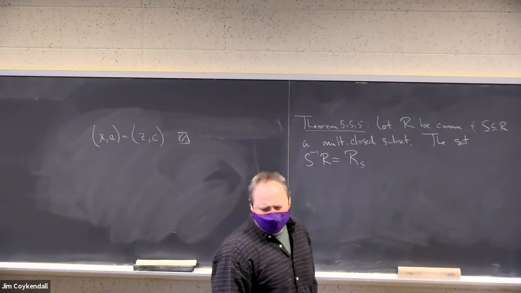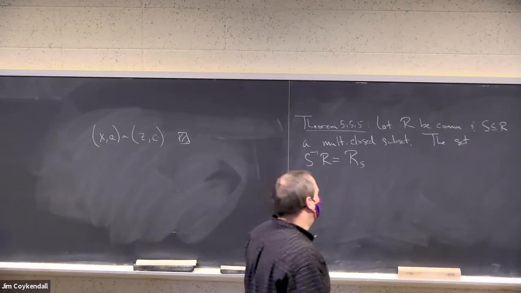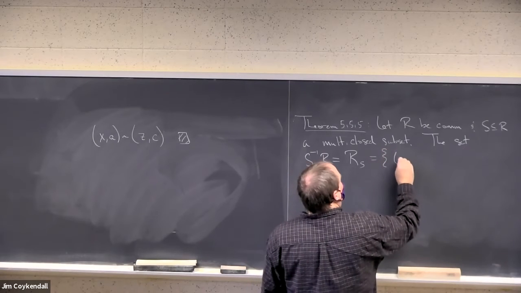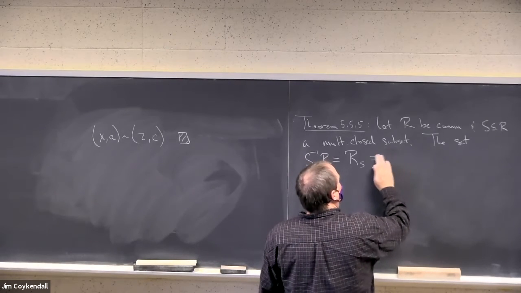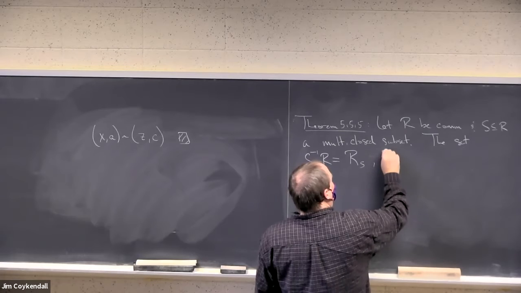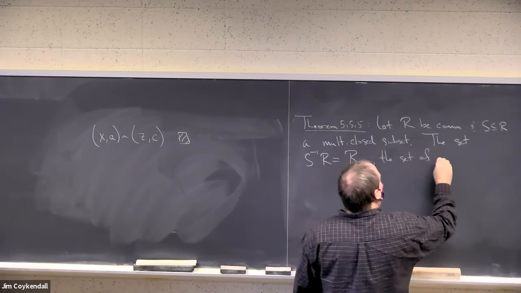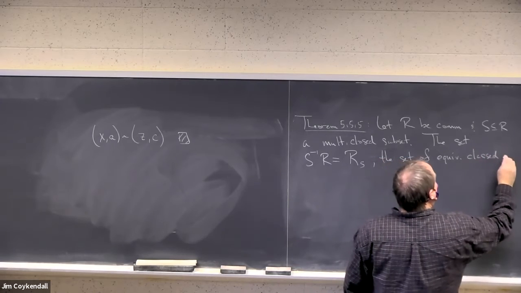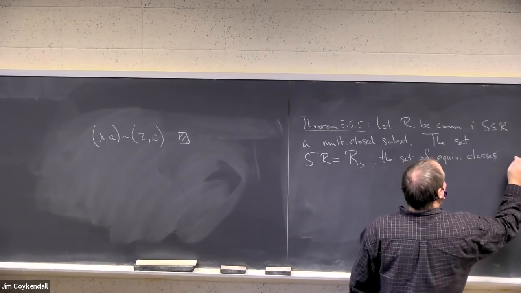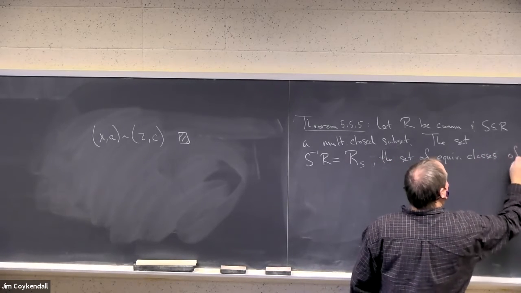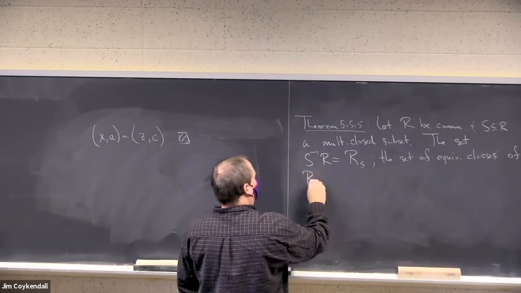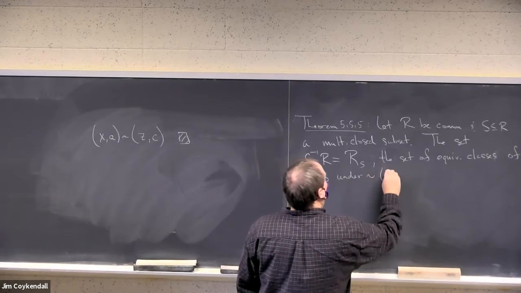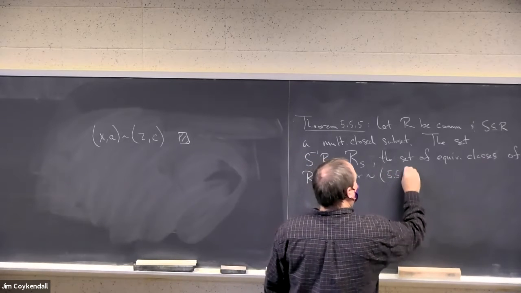So those are two notations you see. And there's a worse one we'll see later, which is the set of equivalence classes of R cross S under the relation from 5.5.4.